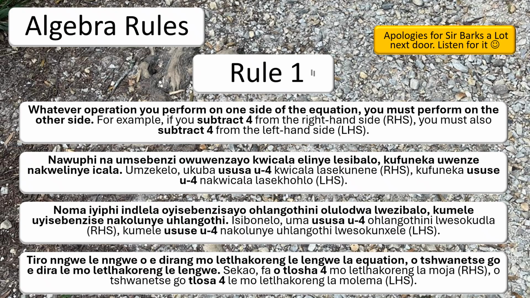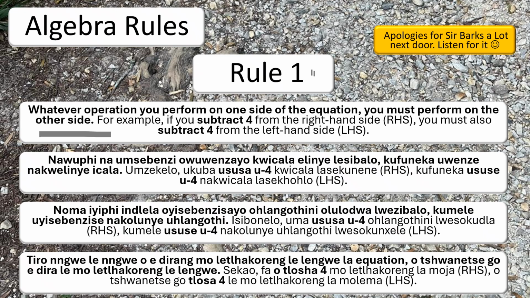Just what you see in front of you is rule 1. The number of the rule doesn't really matter. We're just going through the rules and some basic maths rules that you will need in order to do algebraic equations. There's a rule, just so you know, going forward.